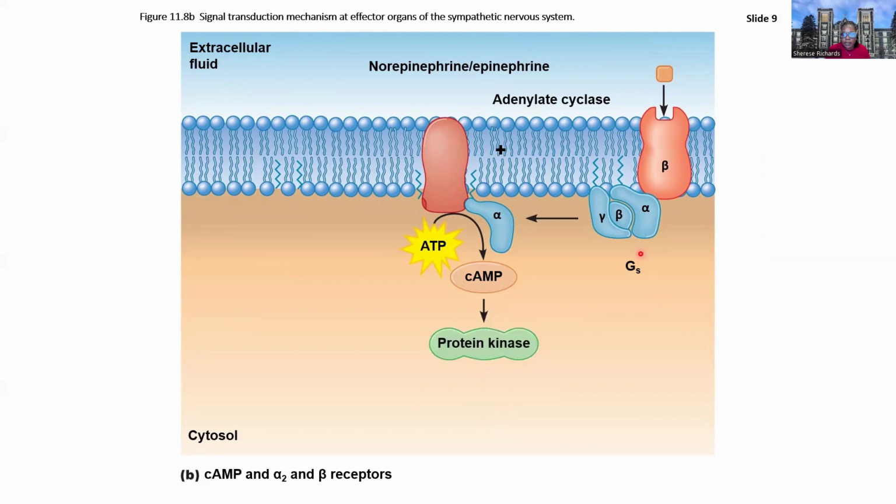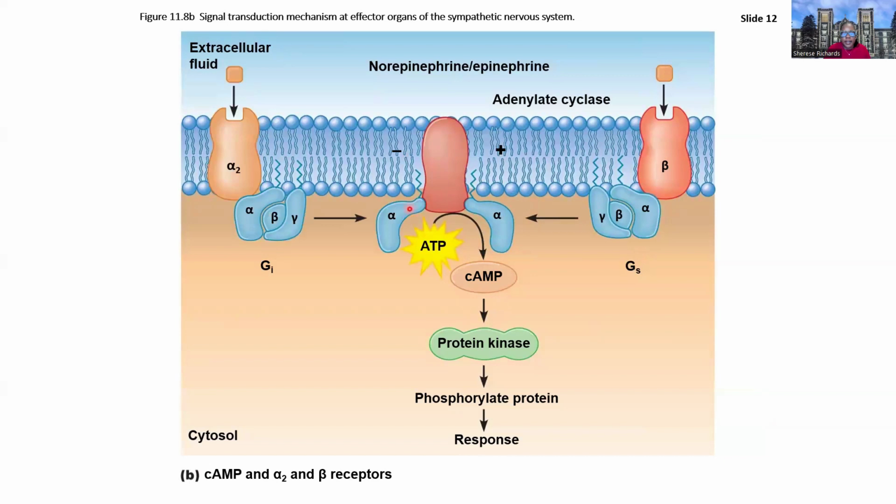Now, cyclic AMP is going to result in protein kinase, which again can phosphorylate some protein inside the cell and can turn it on or off and have that specific cellular response. Notice we're not going into the details of the cellular response because we're looking generally here at all beta receptors. So the alpha-2 blocks this pathway, and all beta receptors excite or activate this pathway, okay?